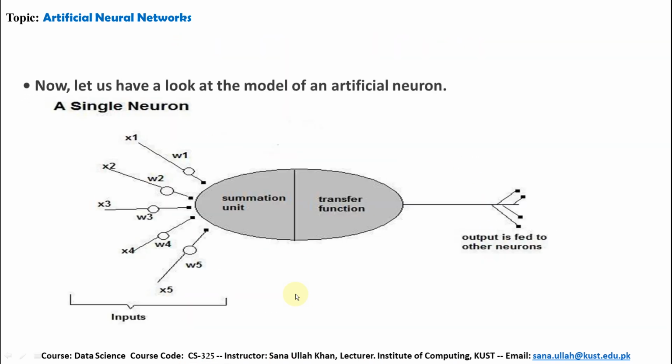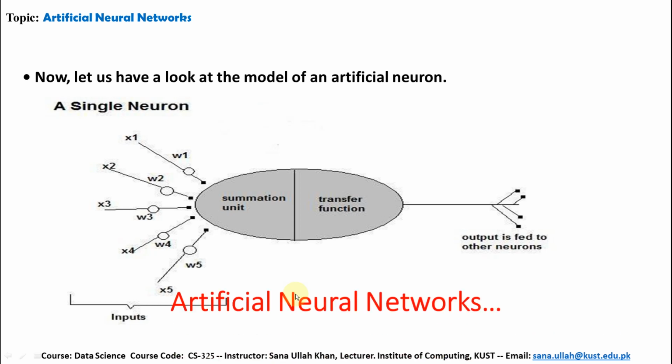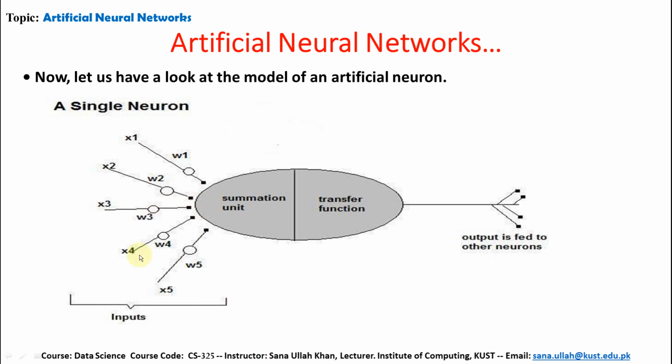So how does it work? Let us look at the model of an artificial neuron. This is a single neuron. These are the inputs, and this is the weight of each input. This is the summation unit, and this is the transfer function or activation function, which processes the combined result and then provides output to the other neurons.